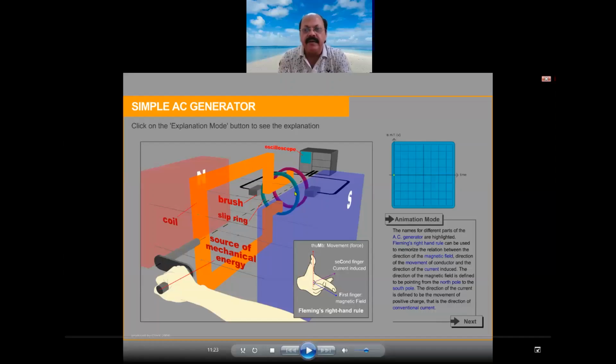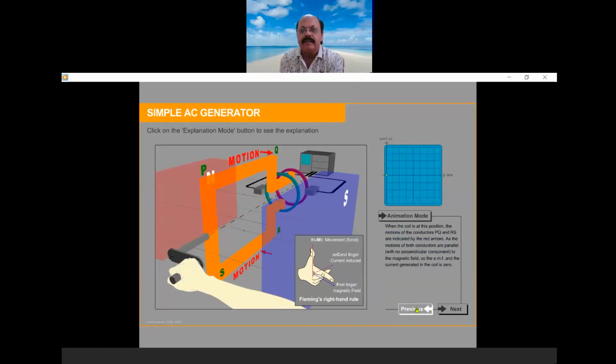The direction of the current is defined to be the movement of positive charge, that is the direction of conventional current. And Fleming's left hand rule is different from Fleming's right hand rule. So here we have to apply Fleming's right hand rule.